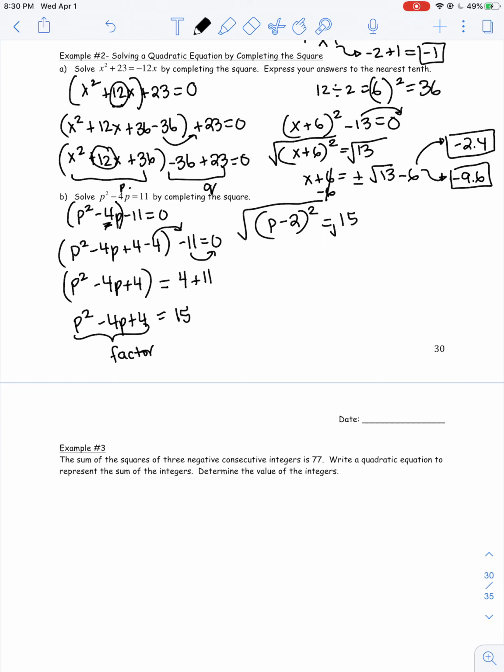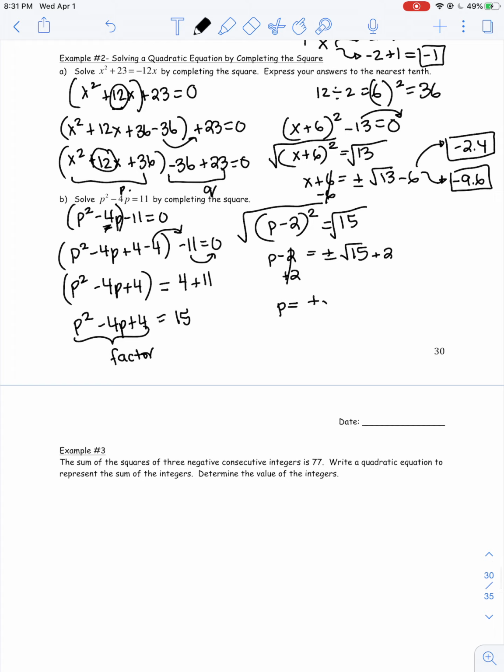Now we're going to square root both sides to start getting p by itself. So that's going to give me p minus 2 equals plus or minus square root of 15. And then we're going to have to add 2 on both sides. So that means p could equal positive square root of 15 plus 2, or p could equal negative square root of 15 plus 2.